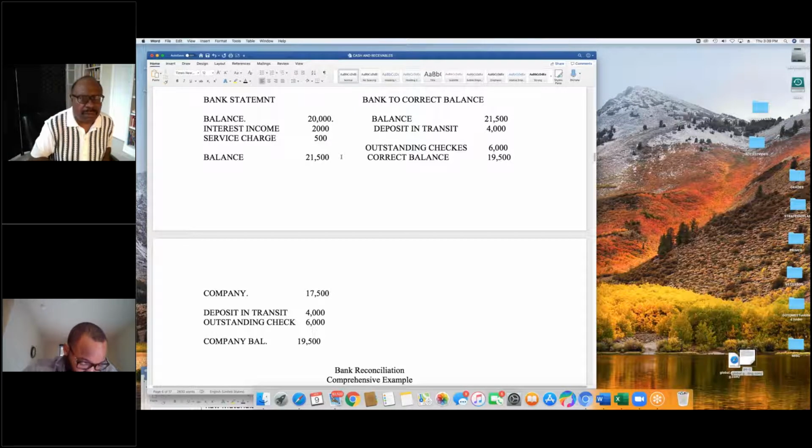Okay, so let's see what the company's balance needs to be. We know that the correct balance now is 19,500. Okay, so that's what it's supposed to be.